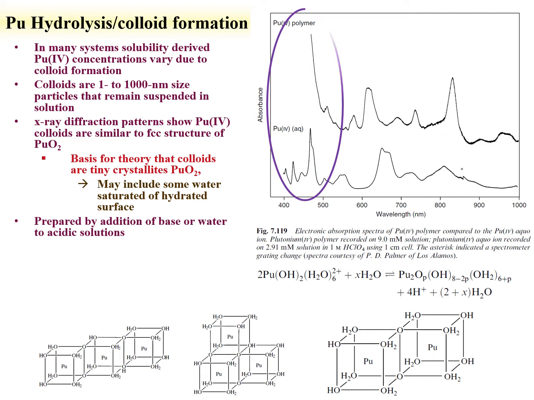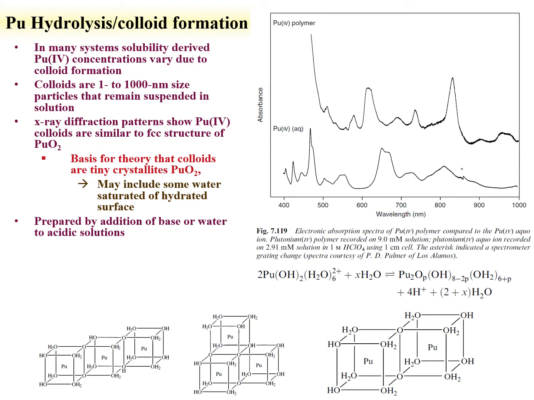So these colloids in solution can be thought of as extended hydrolysis products, actually extending all the way down to the dioxide. These particles are between 1 and 1,000 nanometers in size, depending upon the route of the experiment. X-ray diffraction shows that these plutonium-4 colloids are similar in FCC structure, so face-centered cubic structure, to plutonium dioxide.